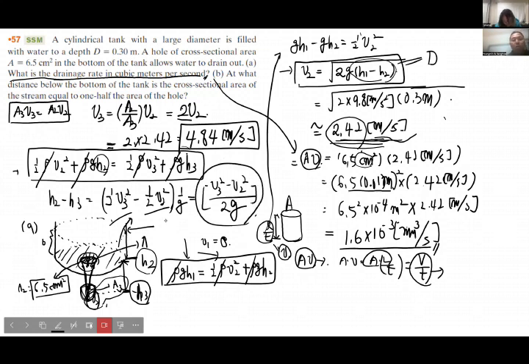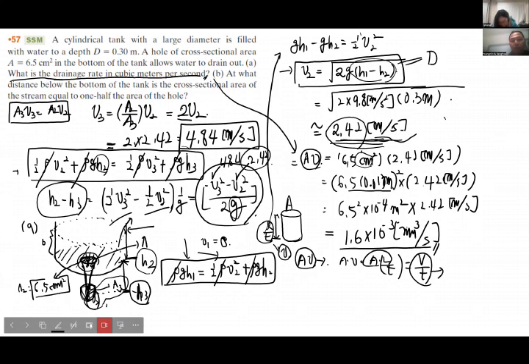So you plug in the numbers, the answers from problem A and problem B, and you should be able to find the distance between the bottom of the tank and point 3. So V3 is 4.84. V2 is, how much is V2? 2.42, half of that velocity.